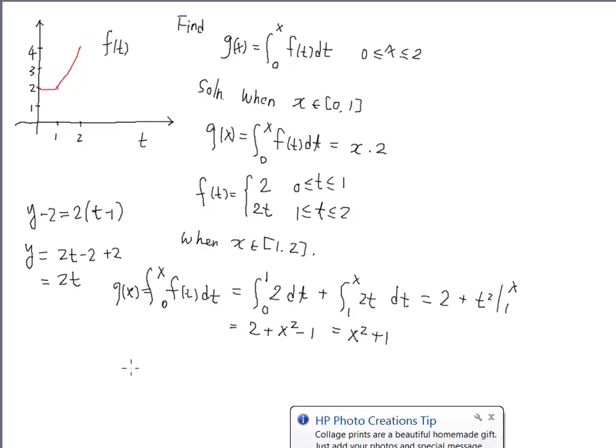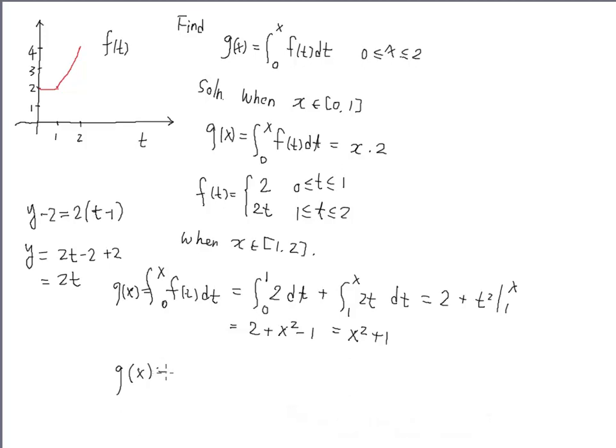So we end up, again, with a piecewise function. g of x is equal to 2x if x is between 0 and 1, and if x is between 1 and 2, then we have x squared plus 1.